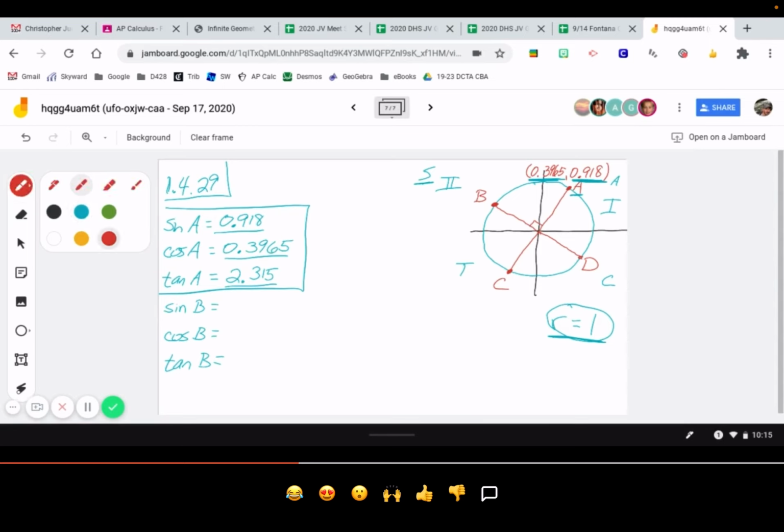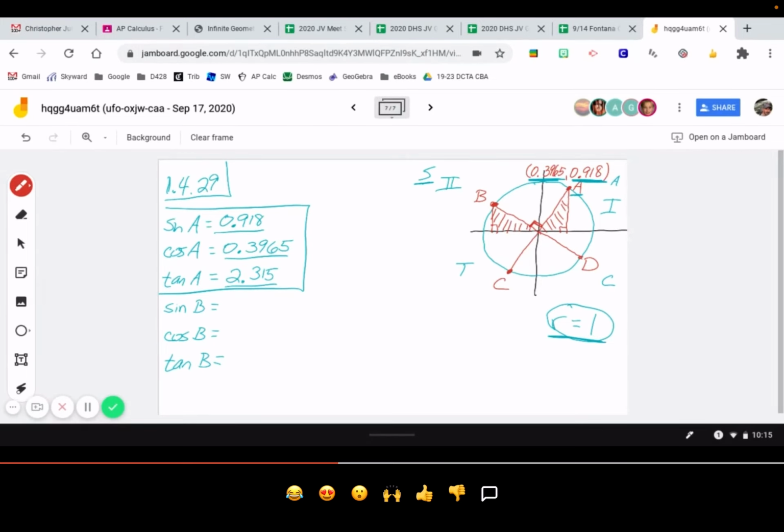What I know is bothering you is that we don't know the coordinates for point B. Well, you do, and it has to do with the fact that this is a 90-degree angle. What that means is that this triangle formed within the first quadrant is congruent to this triangle formed within the second quadrant.